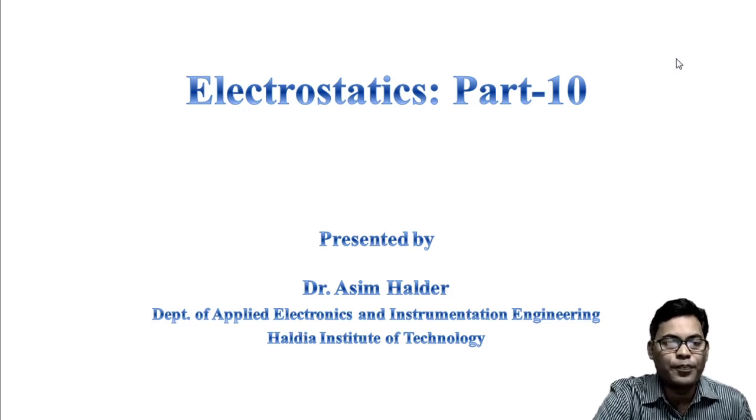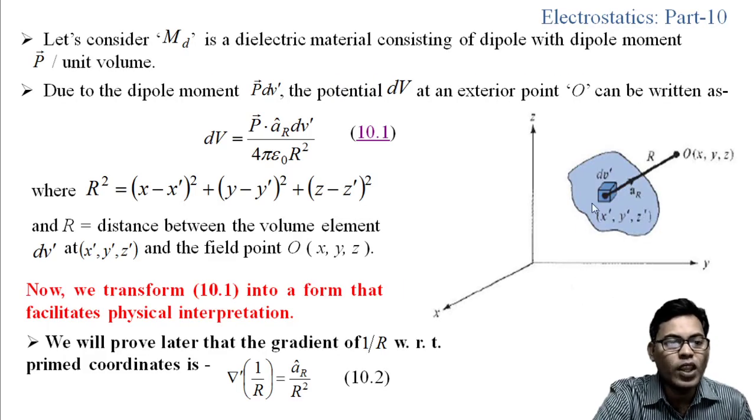dielectric material. For that, here we have considered the Cartesian coordinate system, and in this Cartesian coordinate system we have the dielectric material or polarized dielectric material MD, which consists of the dipole with the dipole moment P per unit volume.